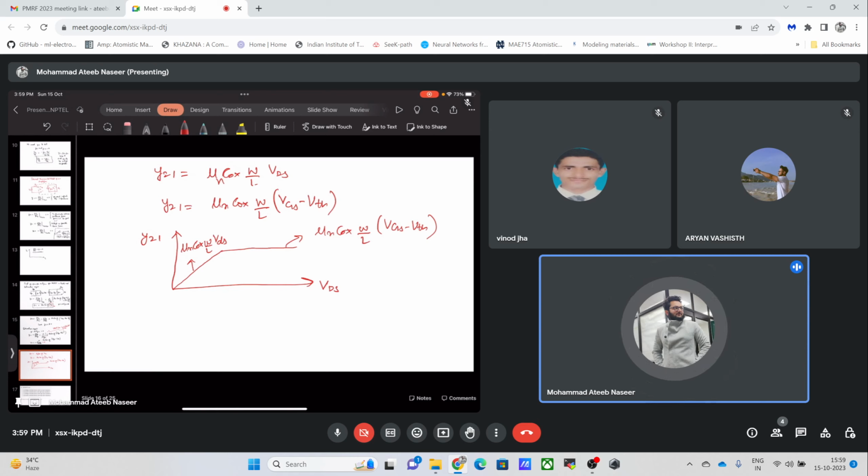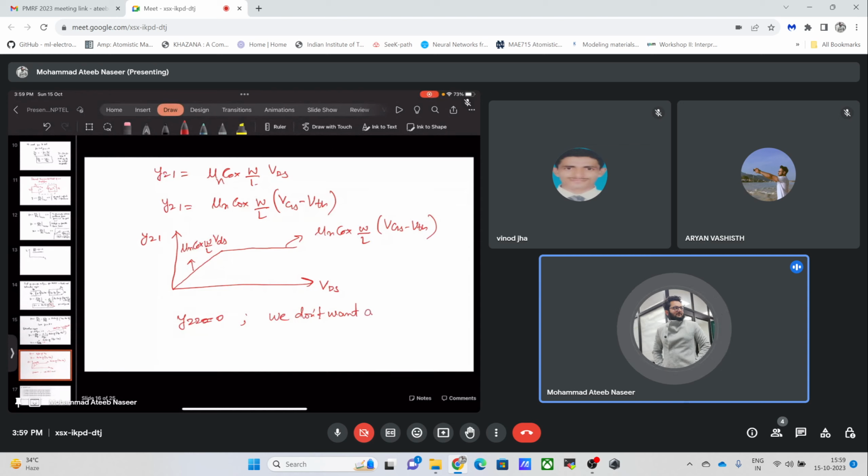We also want Y22 to be equal to 0, because we do not want any current division between the load network and the internal resistance.